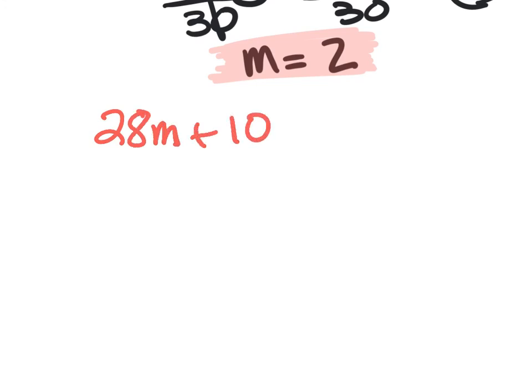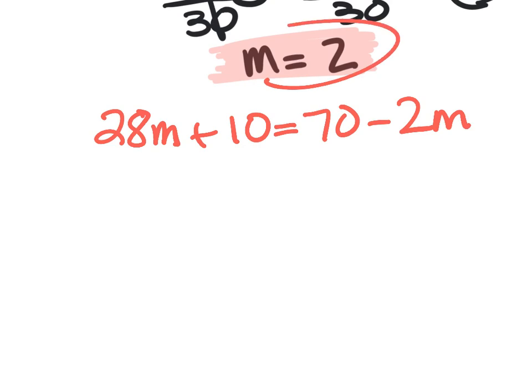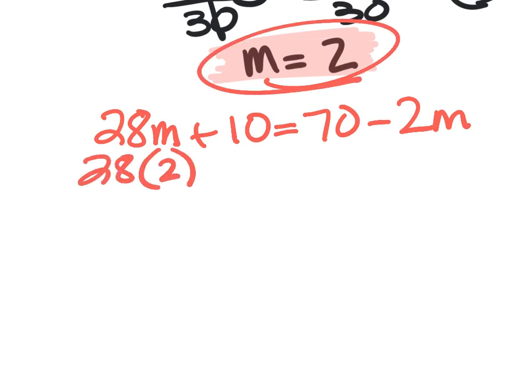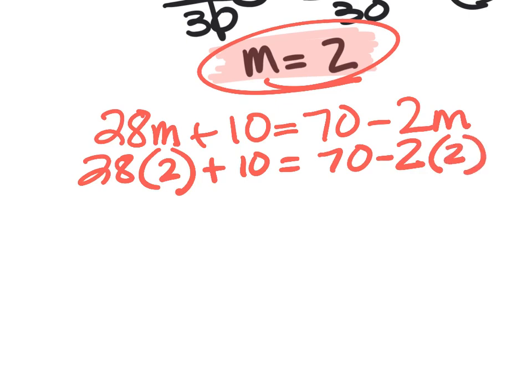I just want to write it in its original form. Okay, so now my m is 2, so I'm going to take my 28 and multiply it by 2. I'm just copying everything exactly how it is and plugging the 2 in for wherever the m is.